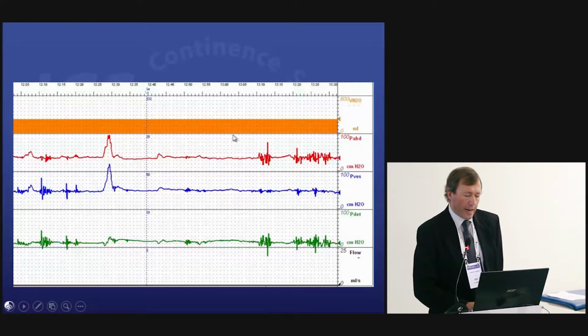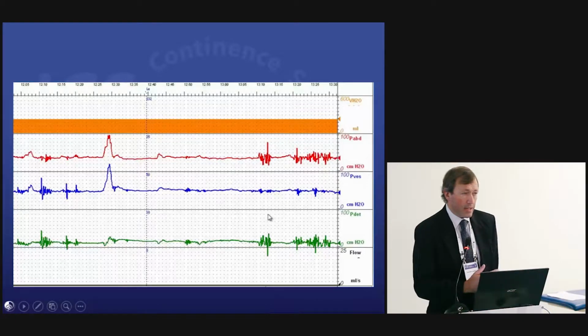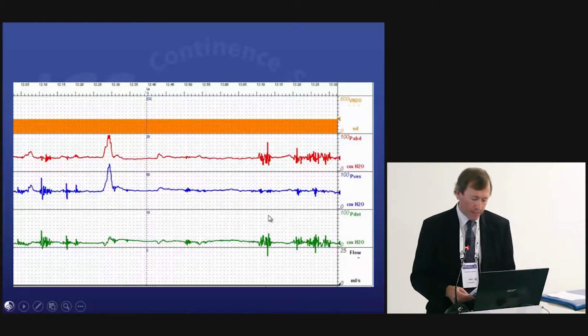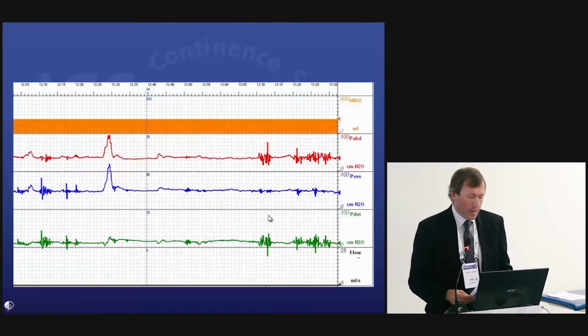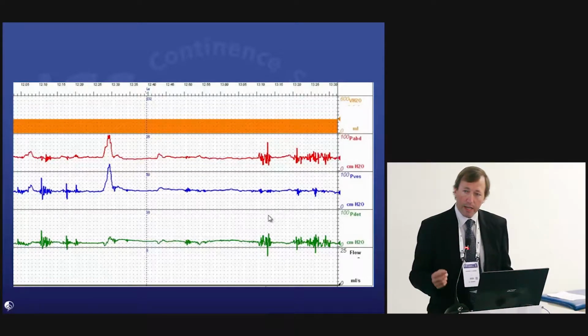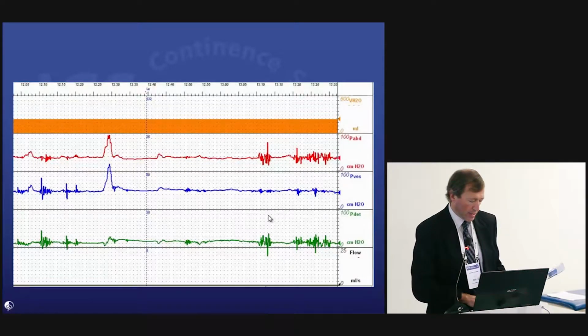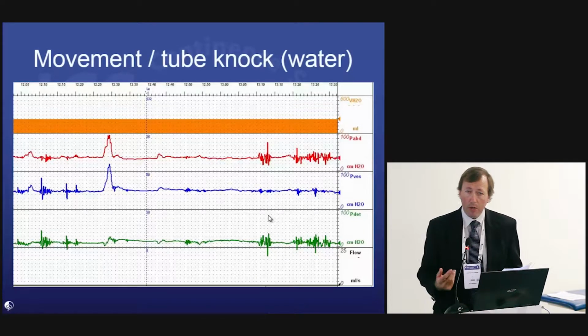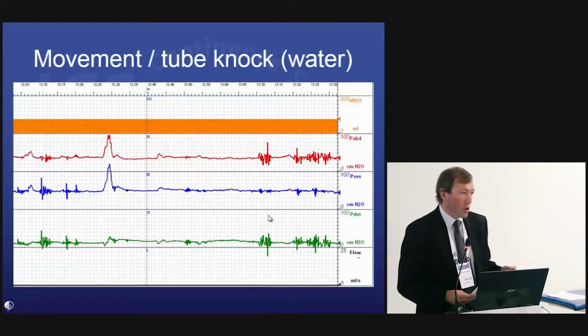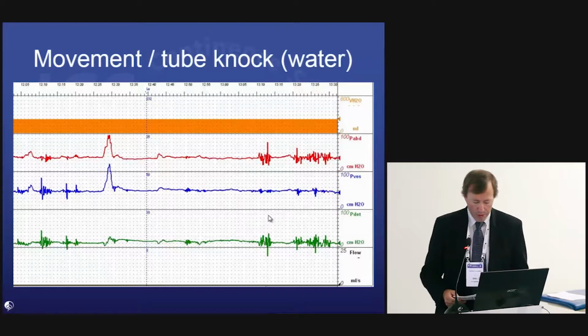On the second one, however, the noise is on the abdominal line, but not the vesical. So in both cases, it comes down and is reflected on the PDET. These are high-frequency, short-duration spikes, and it's normally due to movement of the patient or a knock of the tubes.